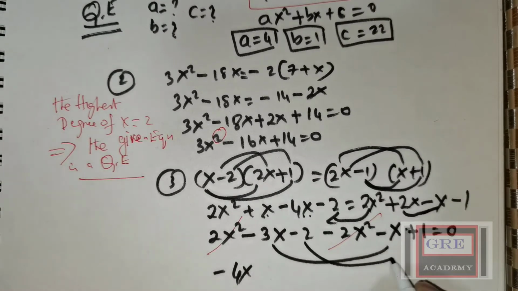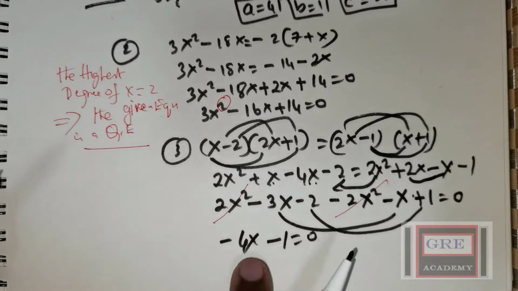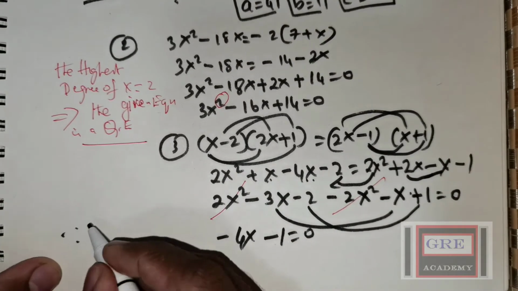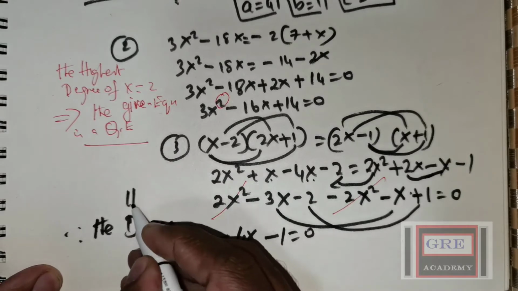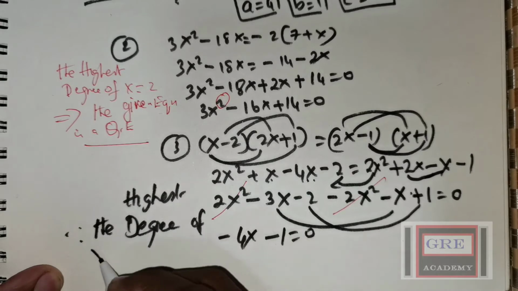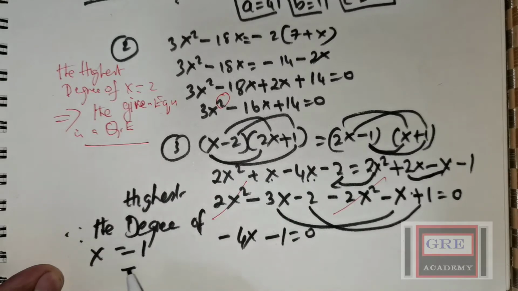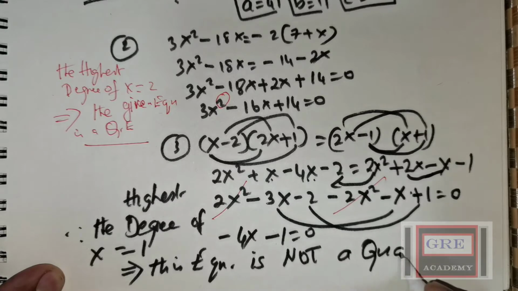And -2 with +1 would give me -1 is equal to 0. Now the highest degree of x here is 1, which implies this equation is not a quadratic equation.